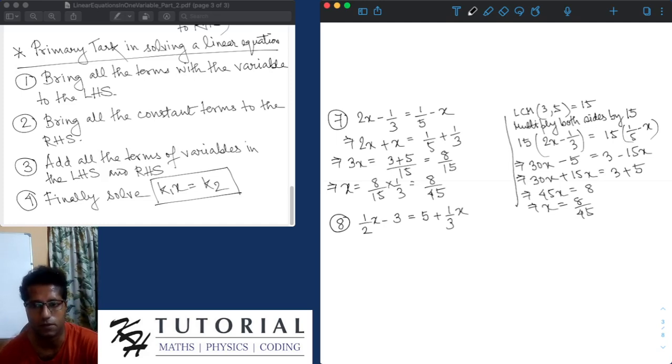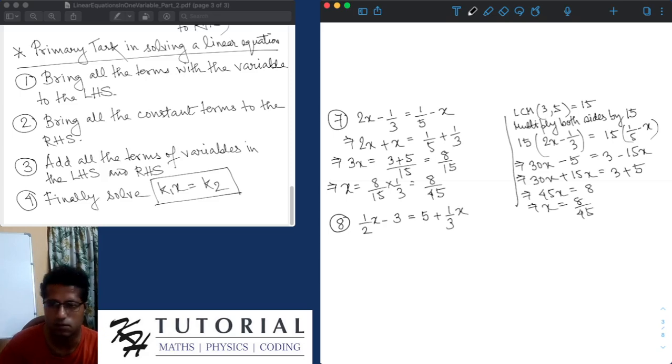And if you are not comfortable, then you will locate the fraction part, find the LCM of all the denominators, and multiply both the RHS and LHS by that LCM. That will make all the constant terms integers, and all the coefficients of the variable terms will also be integers.